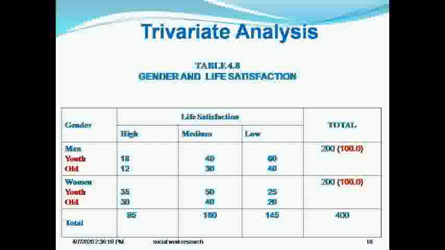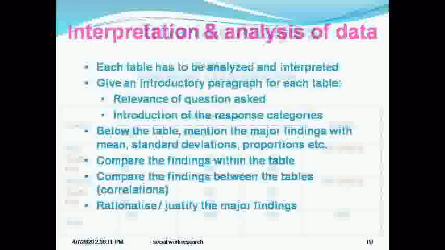In the same manner, you will find in the high level of life satisfaction 35 young women and 30 old women. Here we can compare three variables. You can compare the performance between men and women, between young men and young women, between old men and old women with regard to their level of satisfaction.